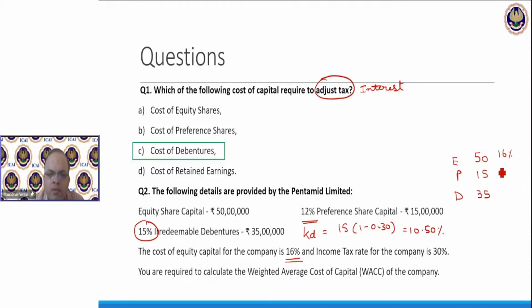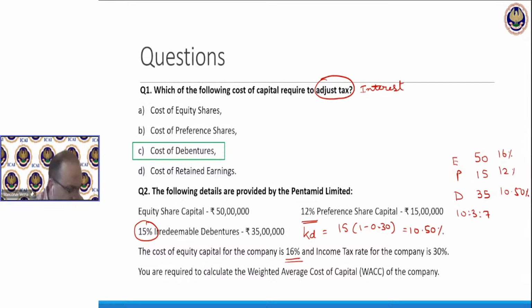For preference, we have 12%, and here we have 10.5%. So we apply these weights here, which is like, what's the ratio here? 10:3:7, right? That's the ratio. So what should be the answer?